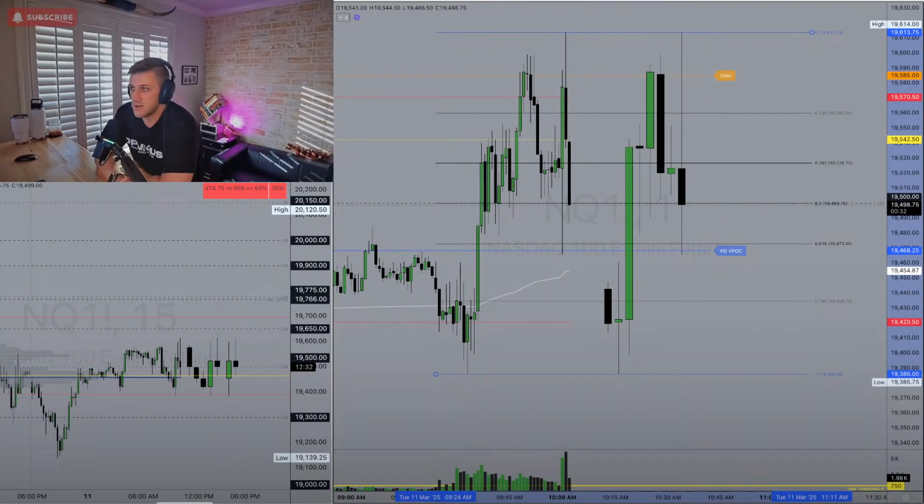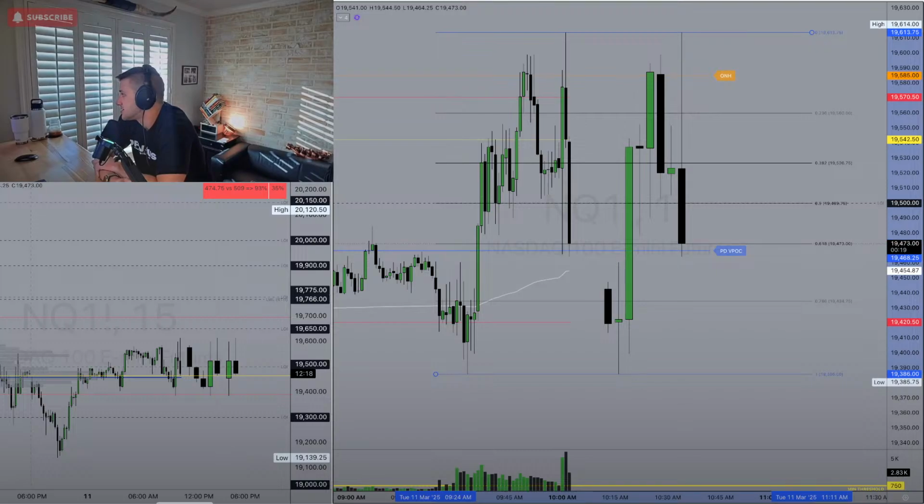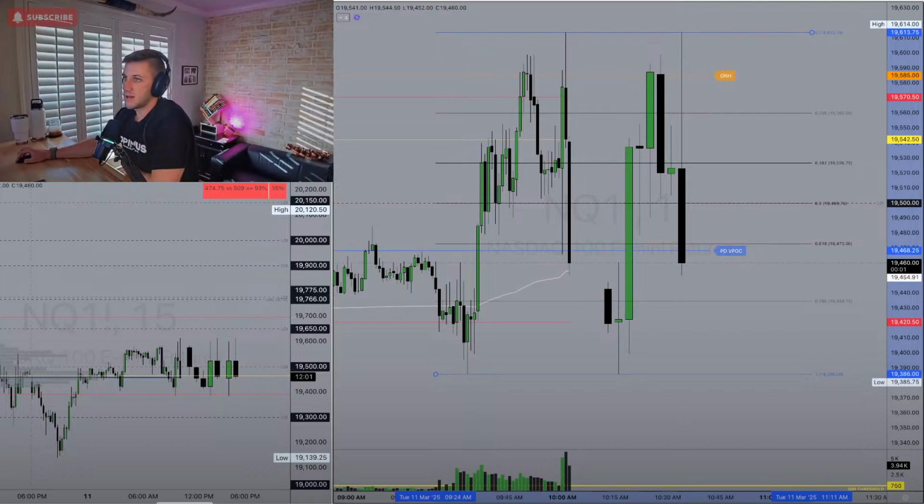Look at the volume though. Massive volume coming in. Price just shakes out on both sides there. You got to be fast. If you're trading that, you got to be fast. Otherwise, just staying patient. Back into that prior day volume point of control, VWAP area.